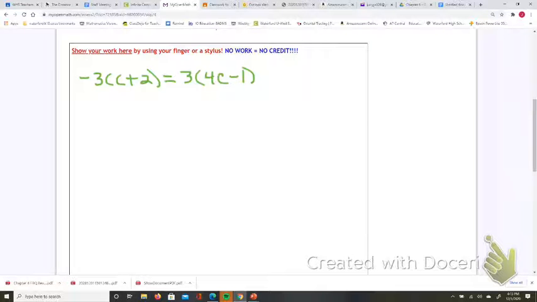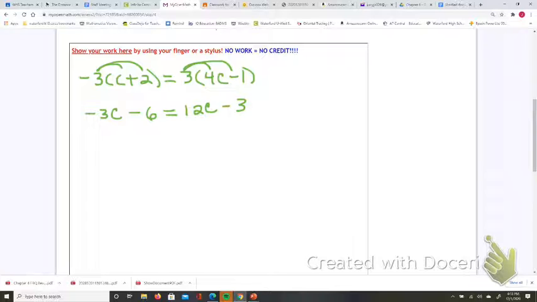So we're going to distribute. So we take negative 3 times c, and we get negative 3c. Then negative 3 times 2, negative 6, equals 3 times 4c, 12c, 3 times negative 1, negative 3. So always distribute if you see parentheses.